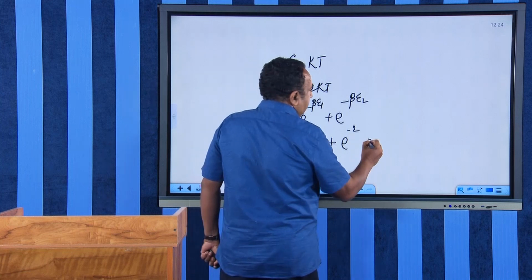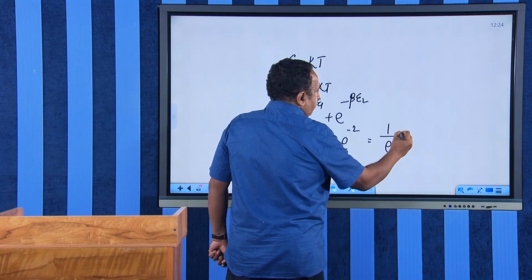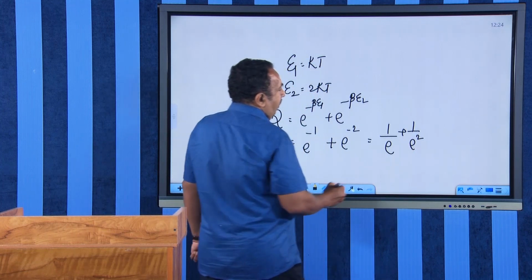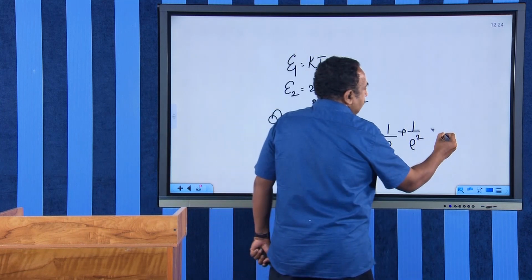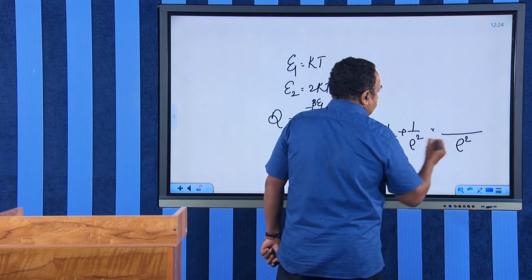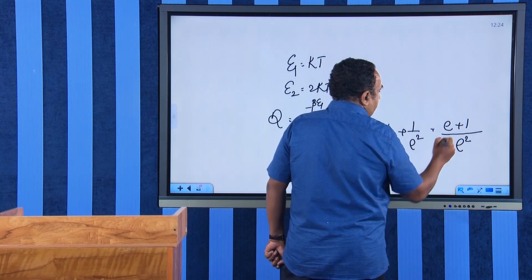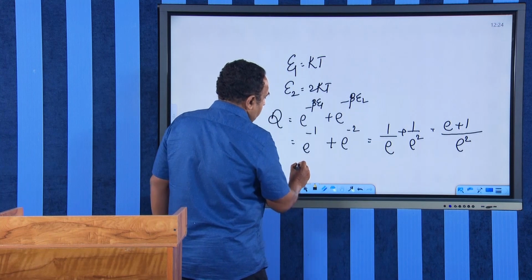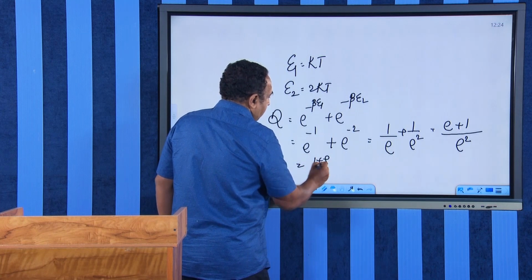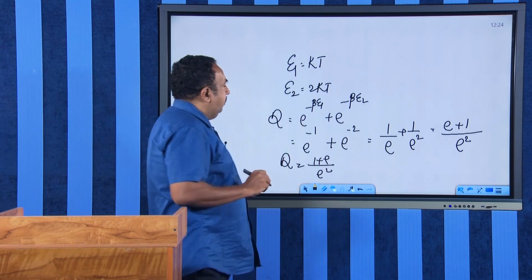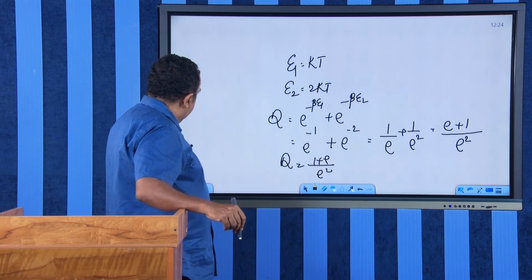I can rewrite this as 1 by e plus 1 by e square, taking the LCM as e square. This gives e times plus 1, therefore 1 plus e divided by e square. This is the expression for the partition function.